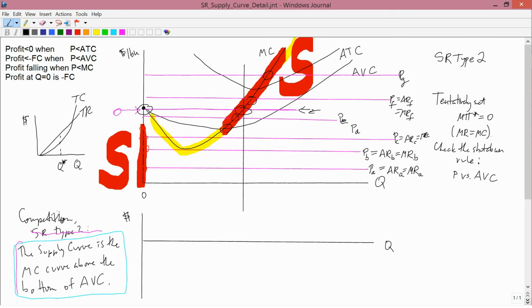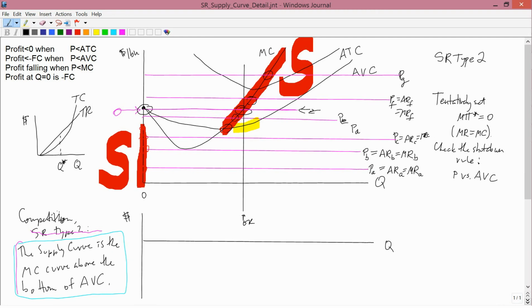Let's analyze the second one first, this one here. Does it pass the shutdown rule? Price versus average variable cost. Well, average variable cost is here. So price is bigger than average variable cost, so this passes the shutdown rule. So this one's okay. How about 0?